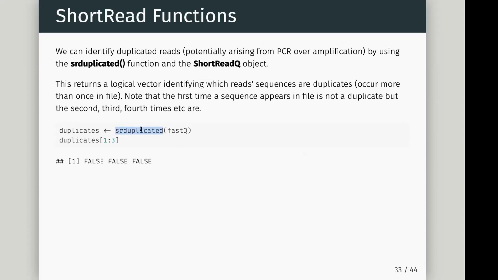If you use srduplicated on our FastQ object, we can just give it the whole ShortReadQ object, and it's going to tell us true or false whether a read had already occurred in the list. So it's going to tell us whether or not a read is considered a duplicate. Importantly, notice the first time the read appears in the file, it is not a duplicate, but after that, the second, the third, the fourth are all going to be marked as duplicates.